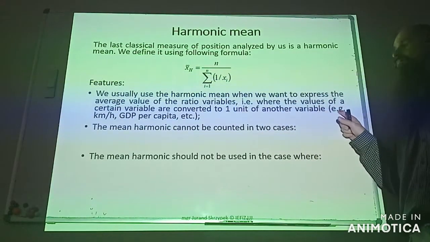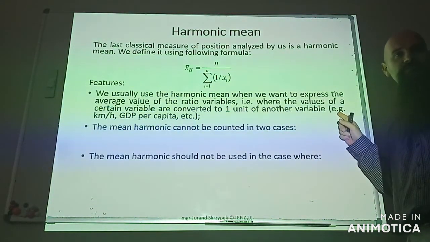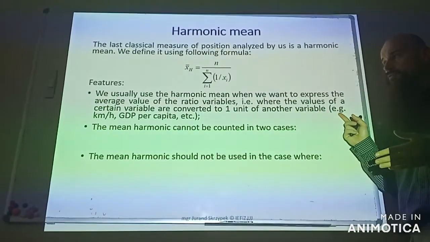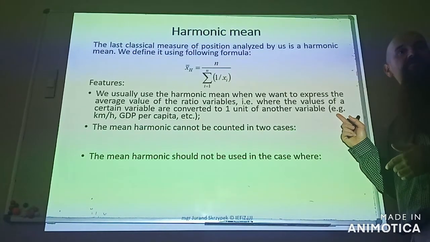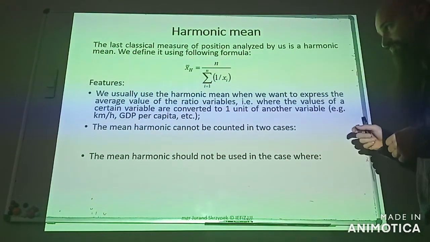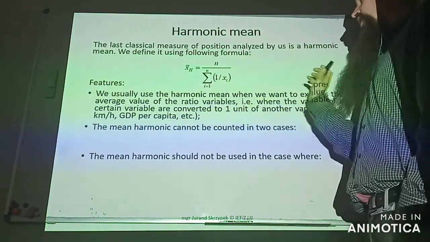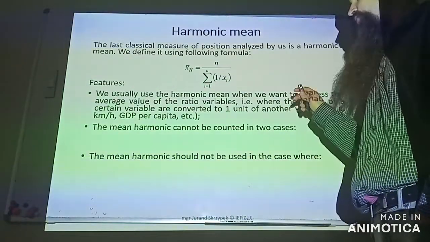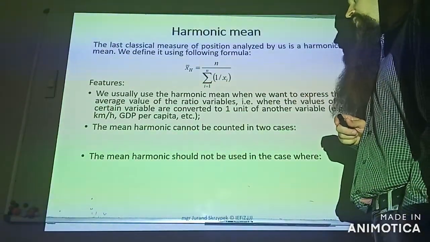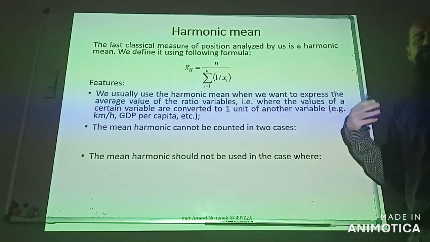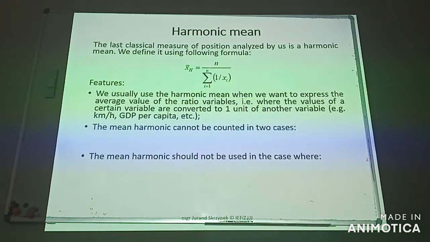Speed is an example of a ratio variable, kilometers per hour. Next example, GDP per capita, and so on. So harmonic mean is especially dedicated to the ratio variables because it works well here, in the expression of the typical value of the considered phenomenon.